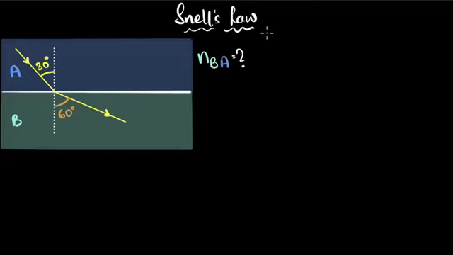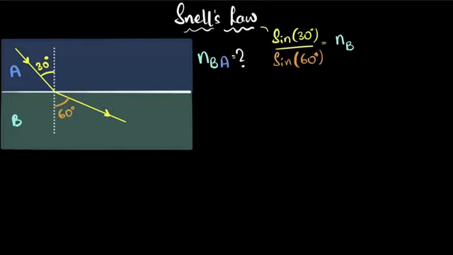All right, so Snell's law says the sine of the angle of incidence, which is 30 degrees, divided by the sine of the angle of refraction, here 60 degrees, equals the refractive index. Refractive index of which medium? Where is refraction happening? Here. So refractive index of medium B, because this is where the refracted ray is.